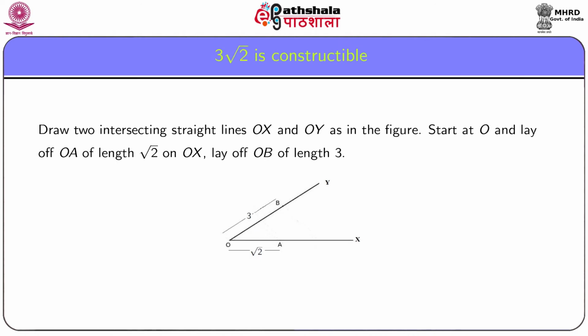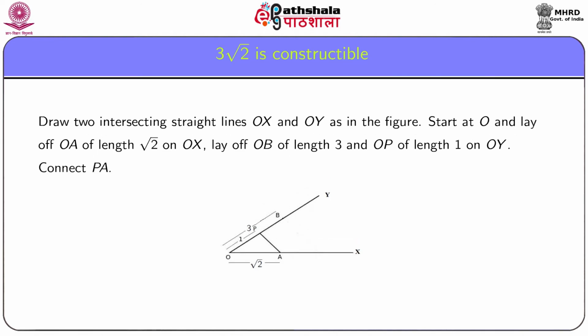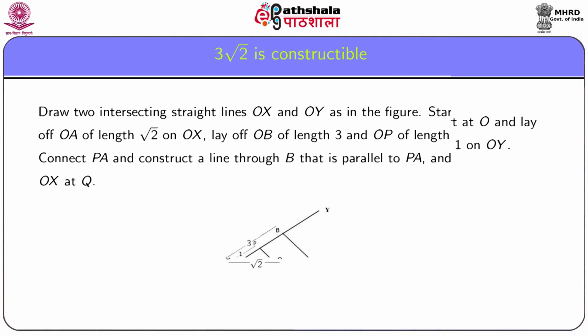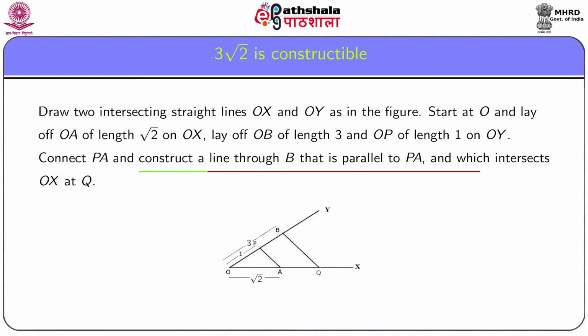Lay off OB of length 3 and OP of length 1 on OY. Connect PA and then construct a line through B that is parallel to PA and which intersects OX at Q.